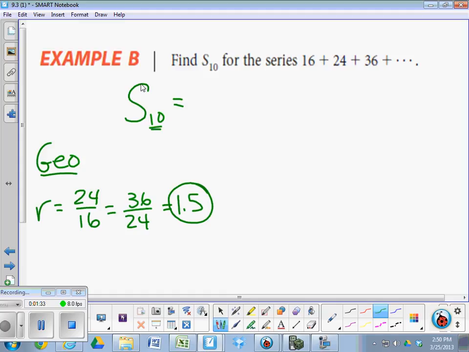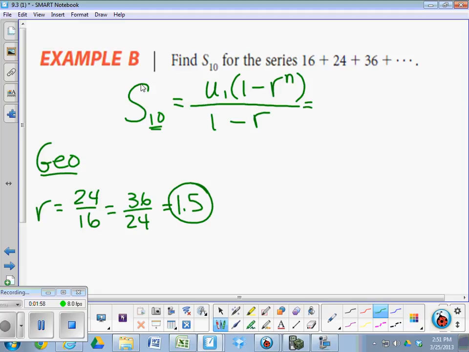Now, if this was arithmetic, you would have to know what the 10th term is, because the arithmetic formula requires un. Does this formula require un? It's u1 over 1 minus r, with some more stuff on top: 1 minus r to the n.